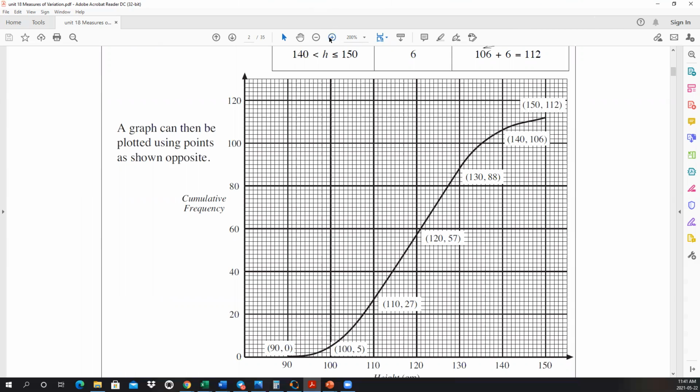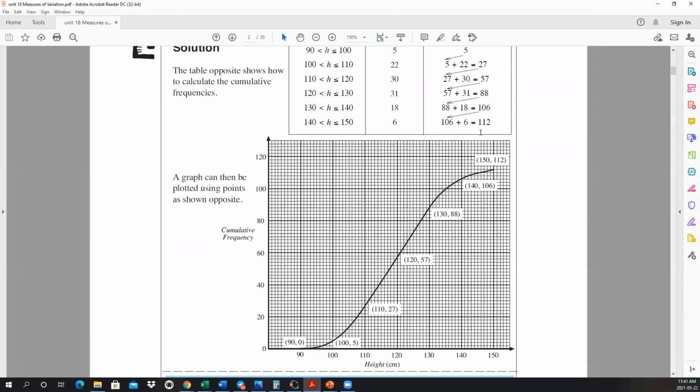Let me see if I can zoom this so that it can show. Yes, great. Then 120, 57. So you just keep plotting: 130 on the x-axis, 88 on the y-axis, 140 on the x-axis, 106 on the y-axis, 150 on the x-axis, 112 on the y-axis.